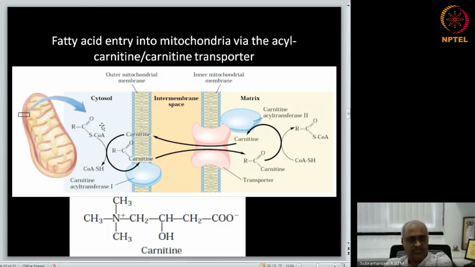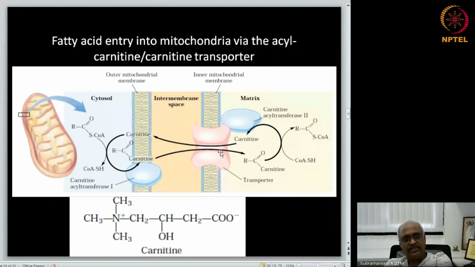That is the first step. Then carnitine acyl transferase 1, which is present in the outer membrane, forms this carnitine acyl group, or acyl carnitine. This acyl carnitine crosses the intermembrane space and gets transported via this molecule, the carnitine acyl carnitine transporter.